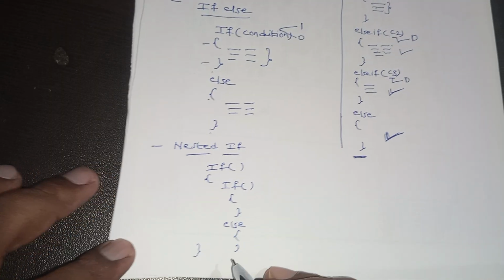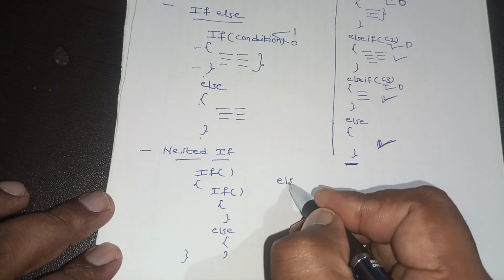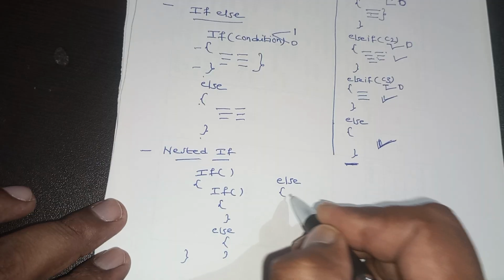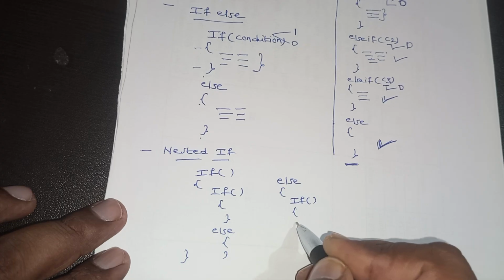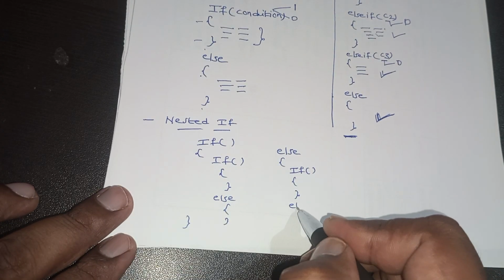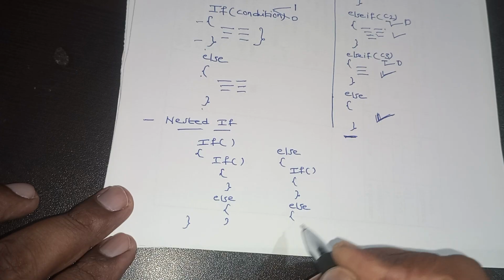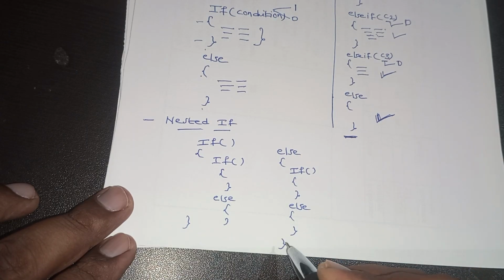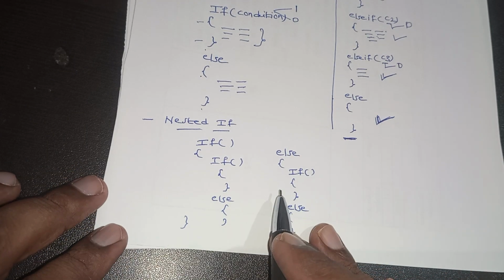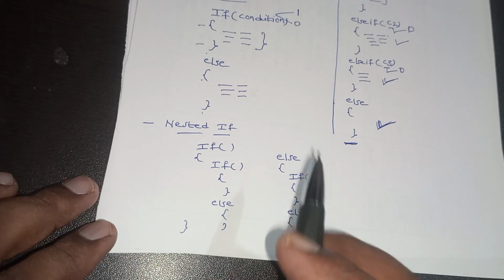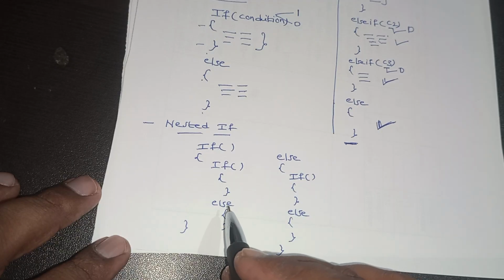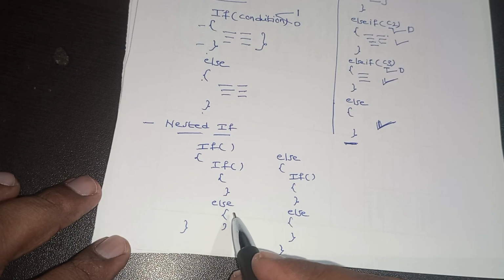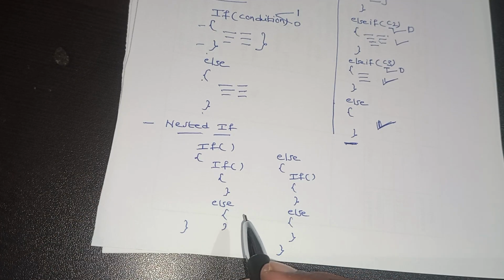I am writing here due to space, else if, like this, one more else, like this, and finally close all those things. See what nested if is? One if containing one more if else is called nested if. That is what nested if means.